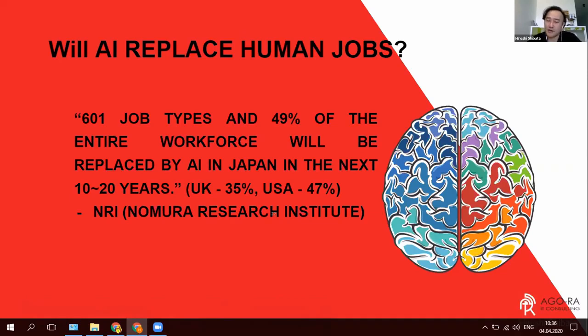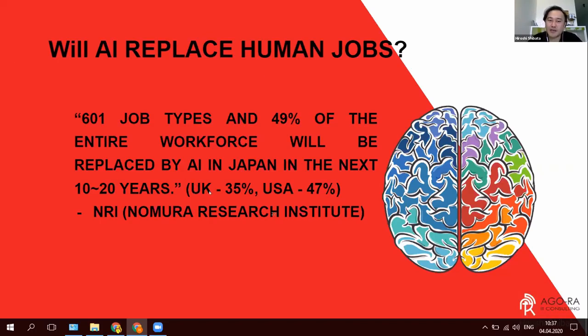This was published by one of the largest think tank consultancy firms, Nomura Research Institute: of 601 job types, 49% of the entire workforce will be replaced by AI in Japan in the next 10 to 20 years. I think by and large it will be the same in other countries.